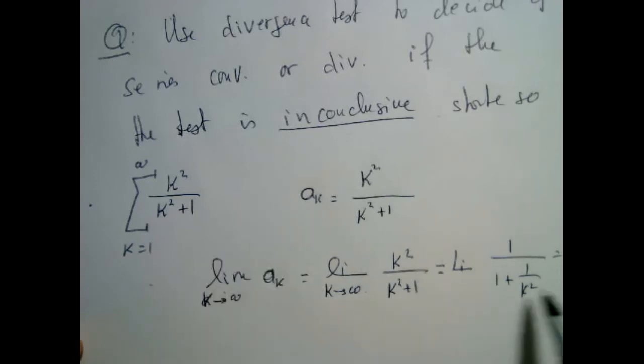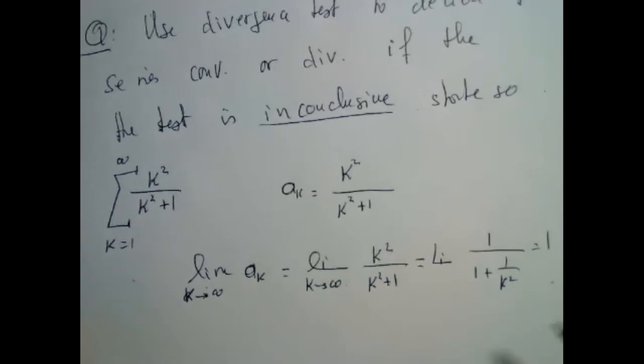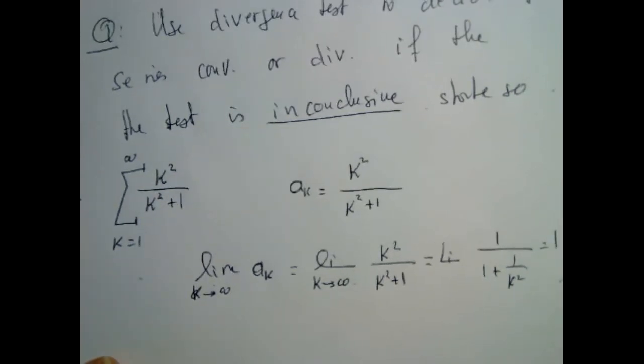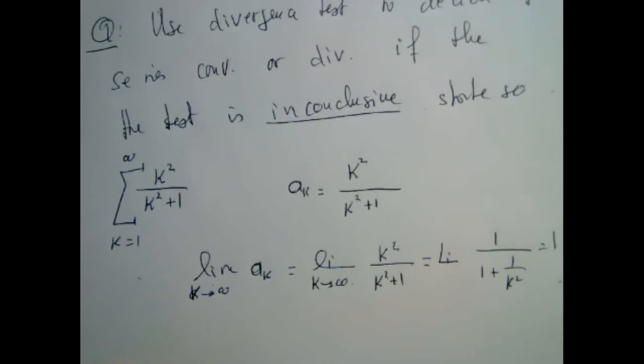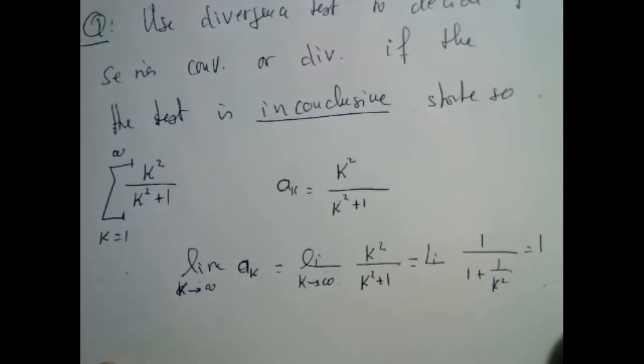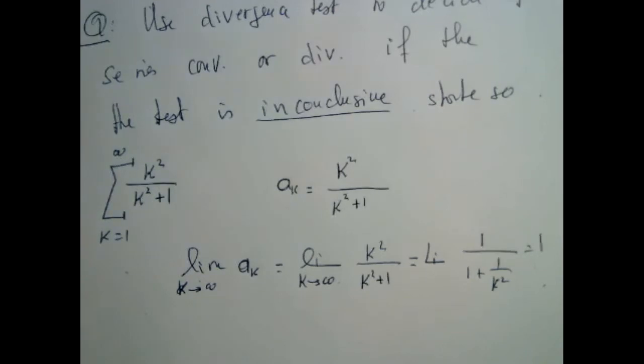It means I am adding those terms. Will adding those terms get me to a finite number? No, because you're adding 1 each time. Exactly. Eventually I will be adding 1. So is this series going to converge or diverge? Diverge. Can we apply the divergence test?